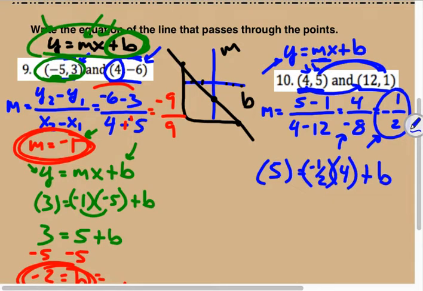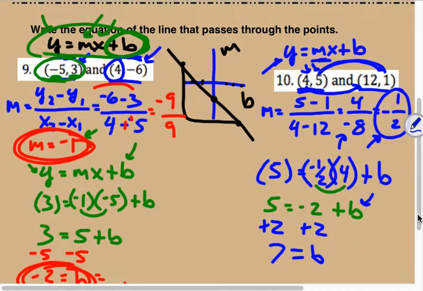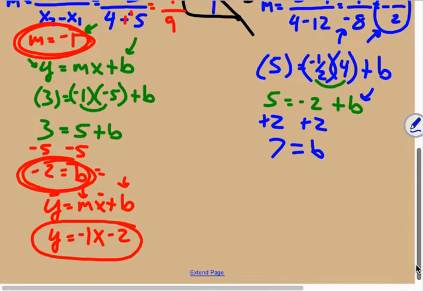This is how we find our y-intercept. So we end up with 5 equals negative 1/2 times 4 is, you just plug it into your calculator if you can't do it in your head, negative 2 plus b. To solve for b now, so we can get that y-intercept, we add 2 to both sides, and we get b, in this case, equals 7. So there's my y-intercept.